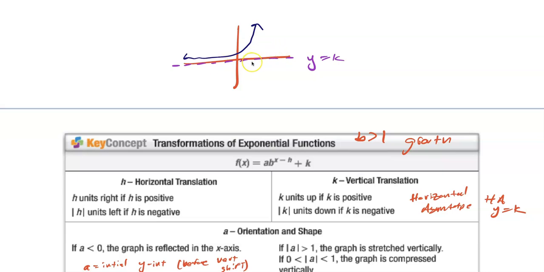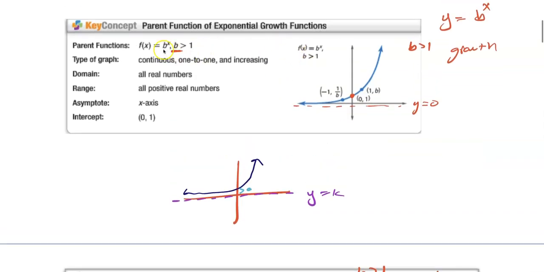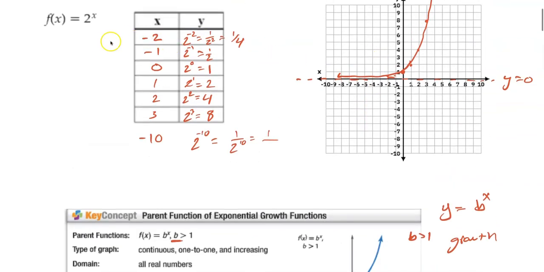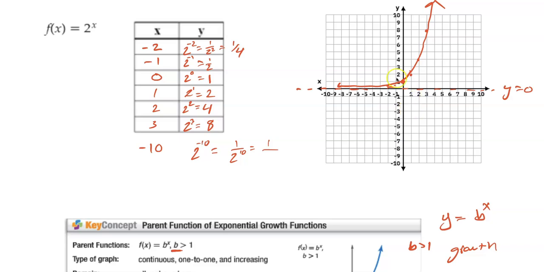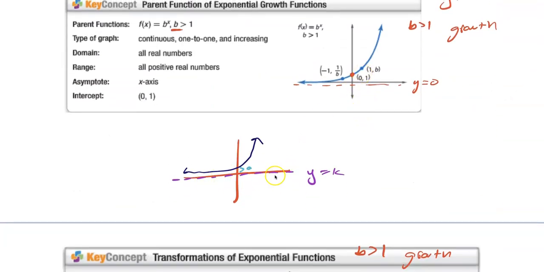That's the default here. And our initial y-intercept, that's our a. So whatever a is, that's how far up you go. In this case, there was no a, it was a 1. The one we did up here, there's no number in front, so it crosses at 1. So that's your initial y-intercept. That's your horizontal asymptote. And then it's a growth, so it goes up.